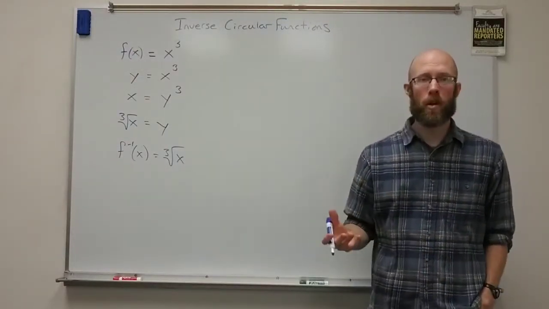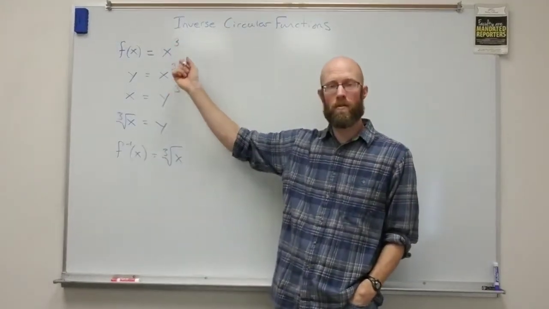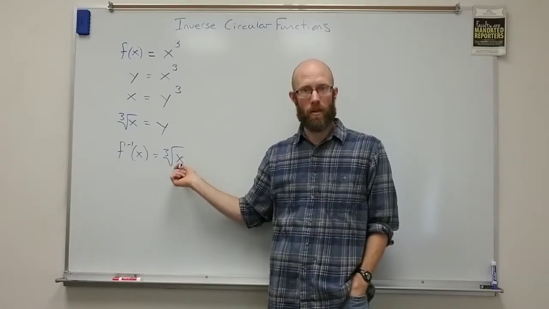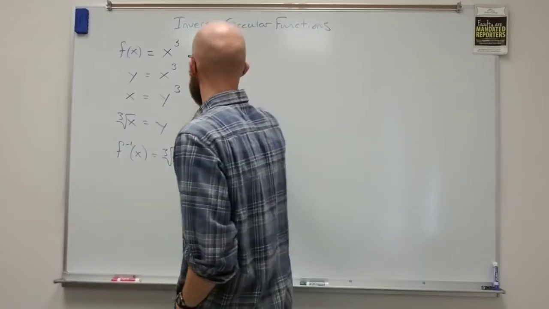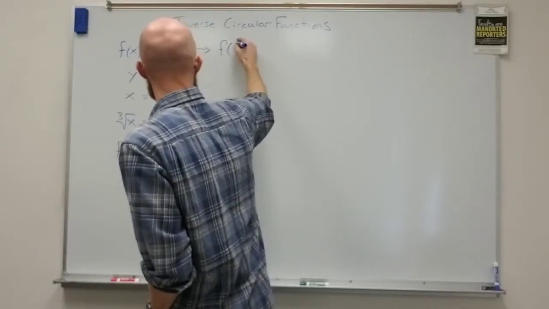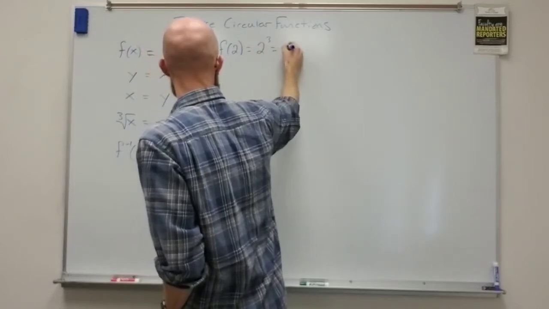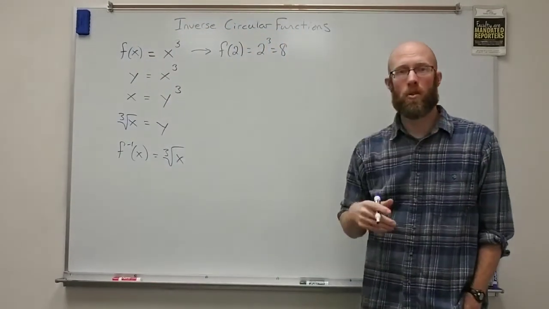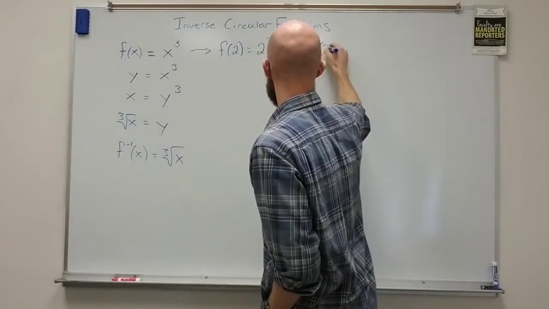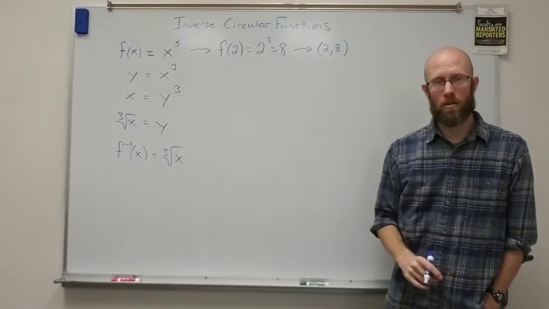In fact, every ordered pair that's on the graph of one function will be reversed on the graph of the other. Okay, for instance, with this one, if you did f of 2, 2 cubed is equal to 8. So the ordered pair 2 comma 8 is on the graph of x cubed.